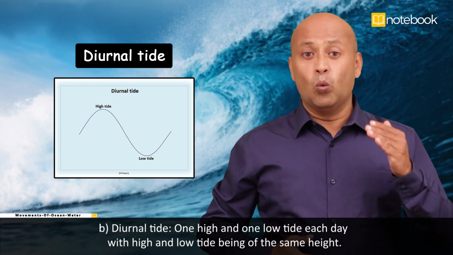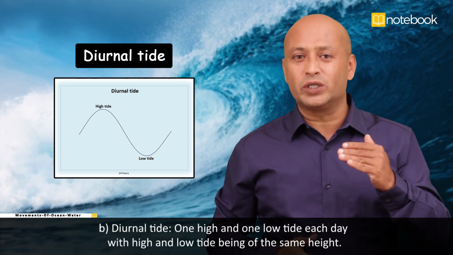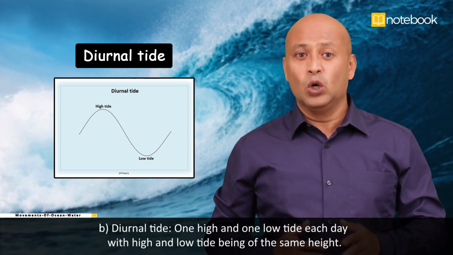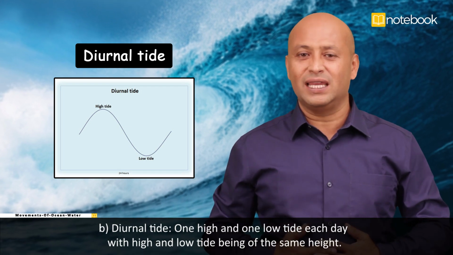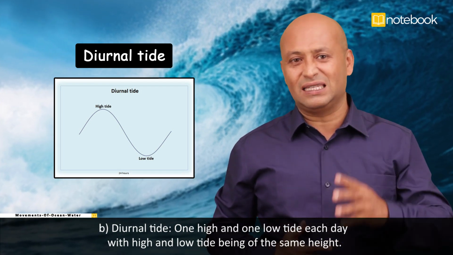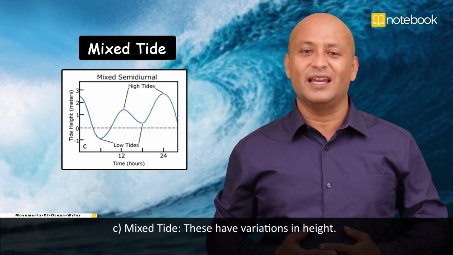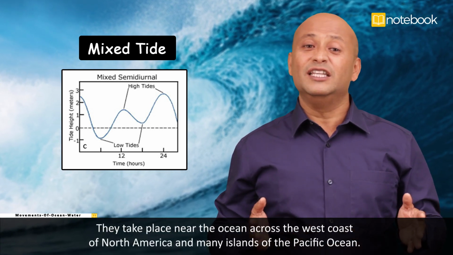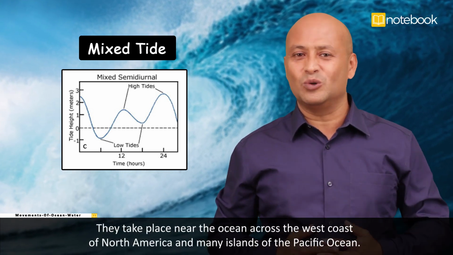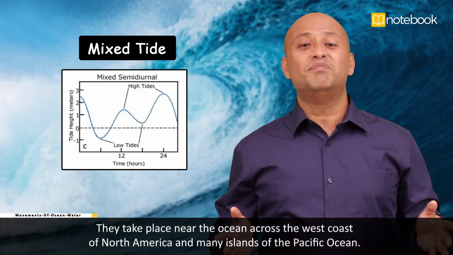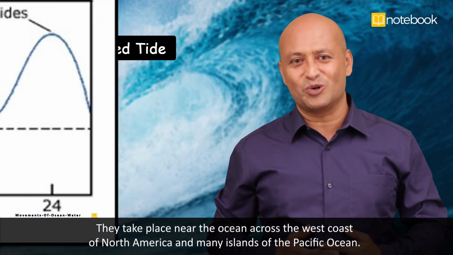Diurnal tide: one high and one low tide each day, with high and low tide being of the same height. Mixed tide: these have variations in height. They take place near the ocean across the west coast of North America and many islands of the Pacific Ocean.